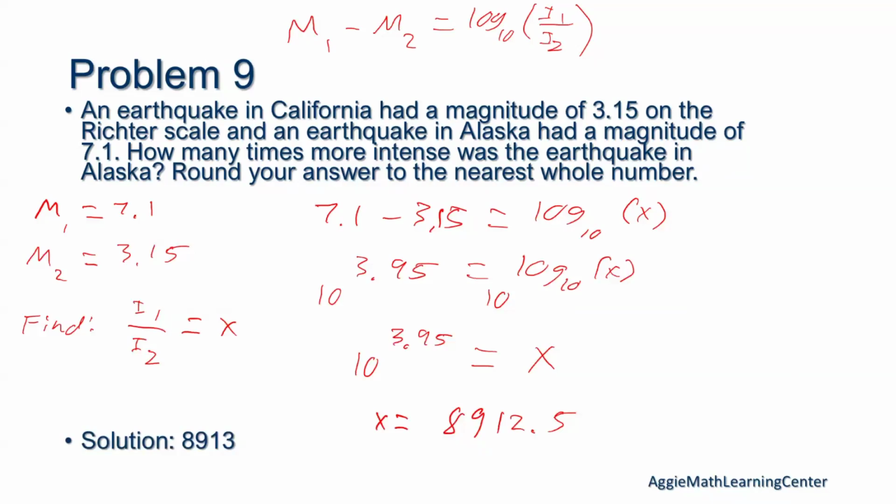In this case, it's asking how many times more intense was the earthquake in Alaska, so you want Alaska compared to California. You want M1 to be Alaska, I1 to be Alaska, and M2 to be California. The one that you're analyzing is the one you want to be number 1.